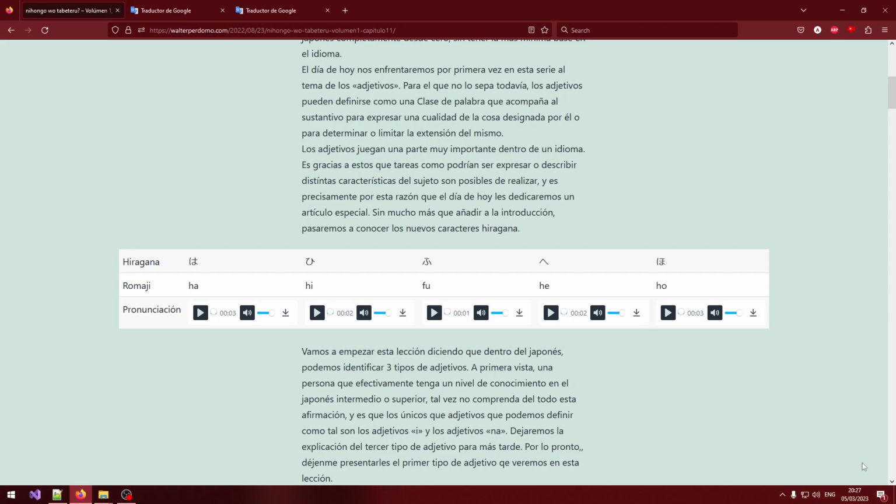They are called no adjectives because they use the particle no, the particle we learned on previous lessons, when we say dare no desu ka, whose is it. So that's the particle no. And to begin with, we're gonna start by learning about the i adjectives.